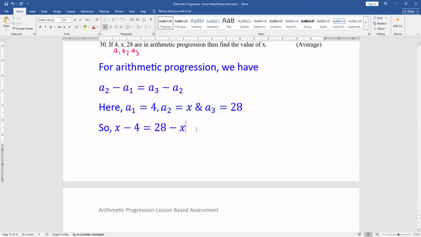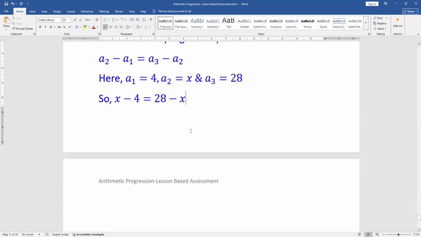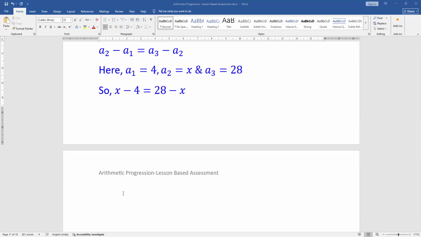Here the basic concept is transpose all the variables to one side. So here I move minus x to the LHS. So x plus x, it becomes 2x. And minus 4, I move it to the right hand side, RHS.